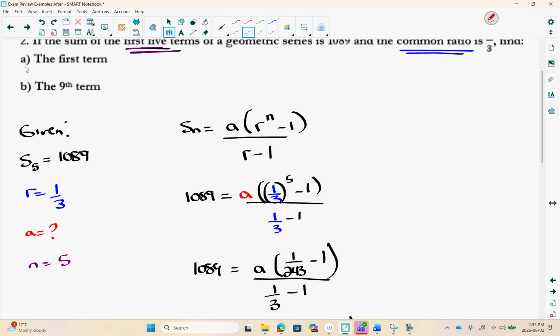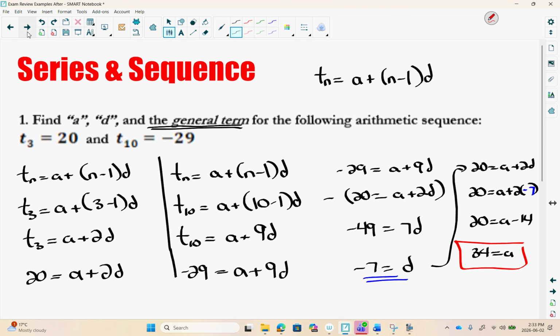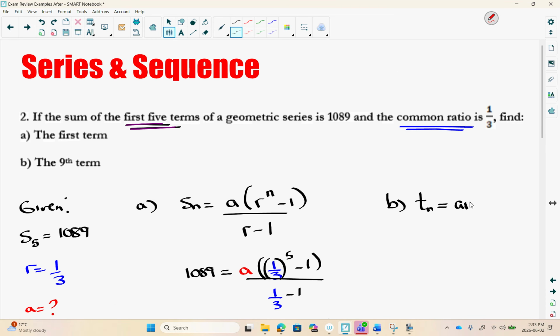Find the first term. Part B, find the 9th term. So I've got to use the Tn formula right here, A times R to the n minus 1, and I want term 9. My A value is 729, my R value is 1/3, and my N value is 9.